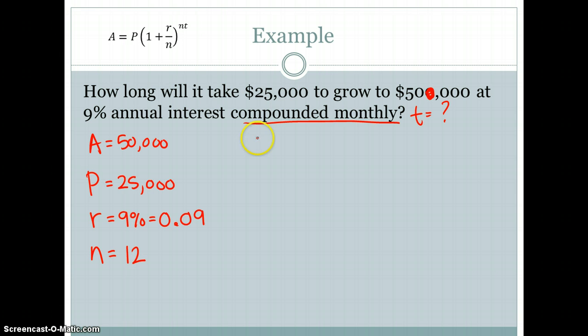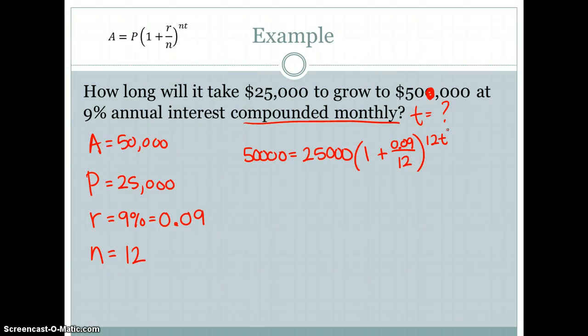So if we write out the equation, 50,000 equals 25,000 times 1 plus the rate, 0.09 divided by 12, and then it's n times t, so 12 times t.